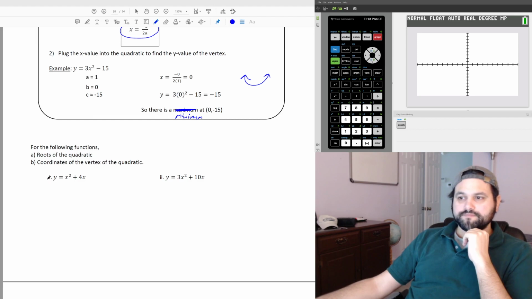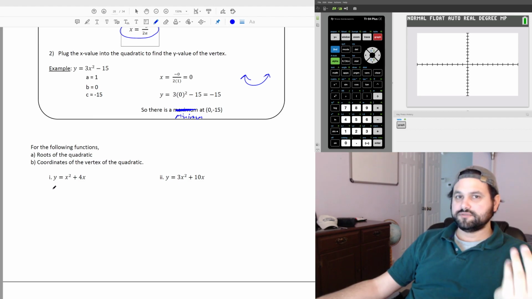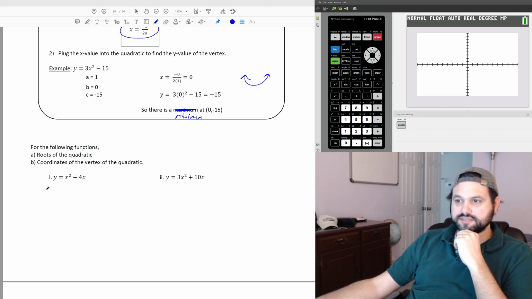So to find the roots, remember that the first step is always to make sure we're finding when the function's equal to 0. So I'm going to set it equal to 0. So x squared plus 4x equals 0. Now I am going to go ahead and factor this because it is factorable. I can factor an x out of both of these.